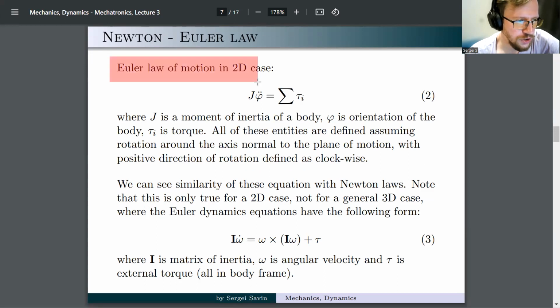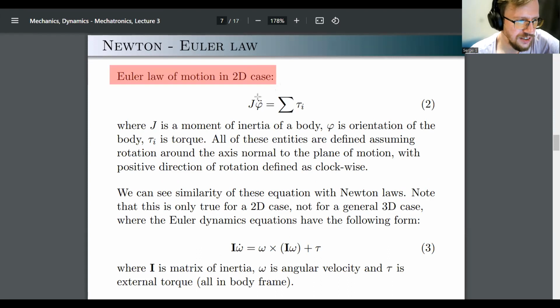Now, Euler's law, that is where things start to get interesting. Euler's law of motion in 2D case looks almost the same. It says moment of inertia times the second derivative of an angle, so orientation, so you can say angular acceleration, is equal to the sum of all torques acting on the body. That is Euler's law of motion in 2D case.